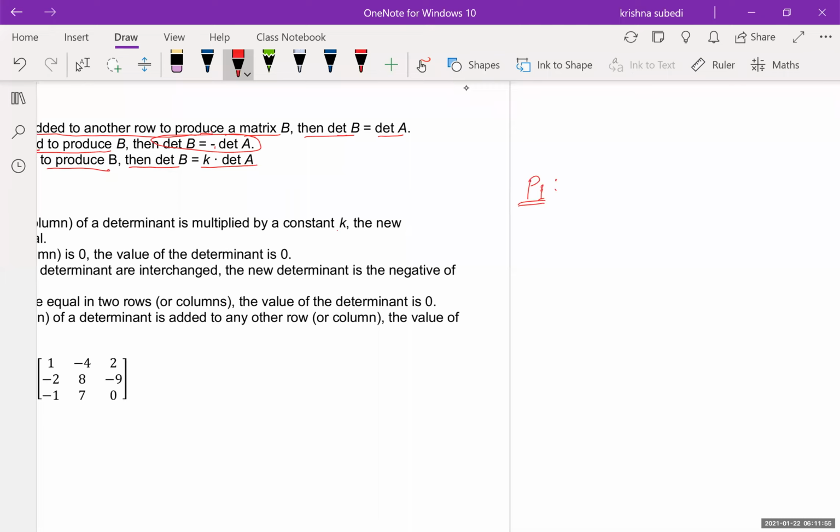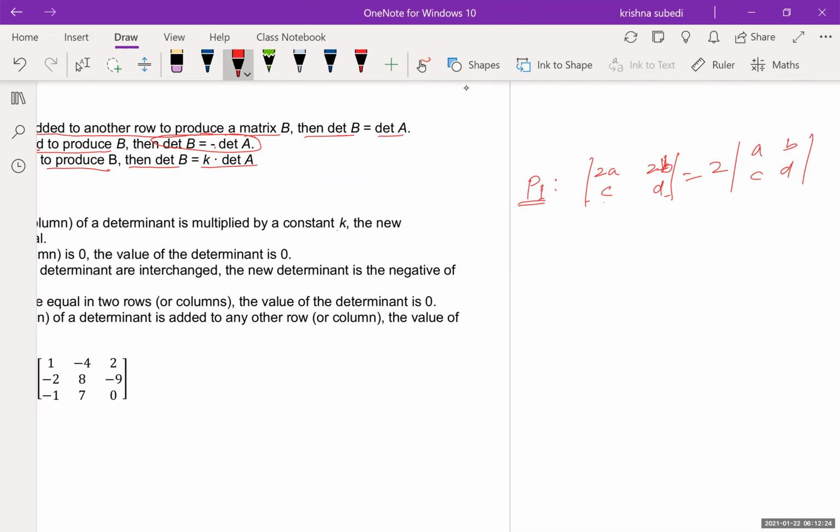Suppose you have 2A, 2B, C, D. You have this matrix. I'm talking about determinant, so let me write another sign. Determinant, 2A and C, 2B and D. Then this can be written as 2 times determinant A, B, C, D.